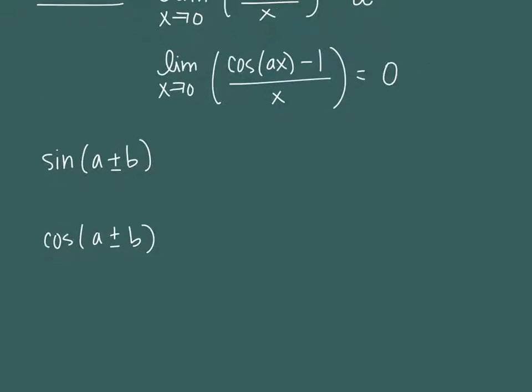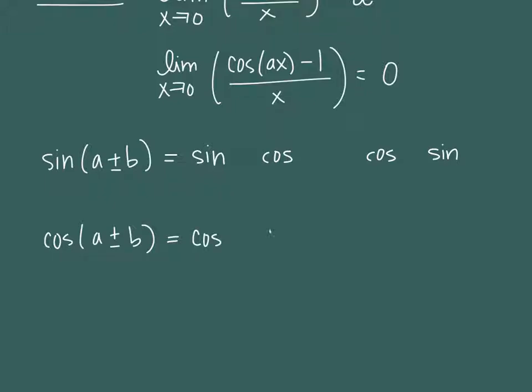It's not distributing, but it's the expansion of what you would do with sine and cosine. So in sine, it's going to go sine, cosine, cosine, sine. And then for the other half, it becomes cosine, cosine, sine, sine.